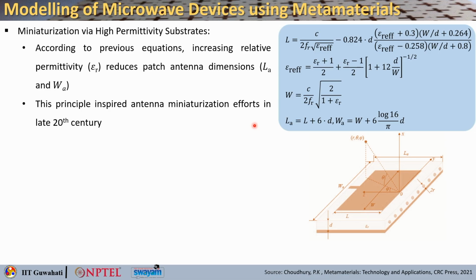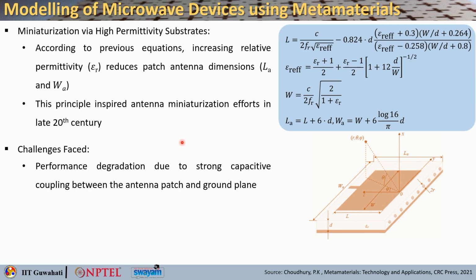So people have tried different approaches to increase the relative permittivity of this antenna substrate to decrease the antenna volume profile, right. We have seen a lot of efforts during the late 20th century for miniaturization of the antennas using this approach.